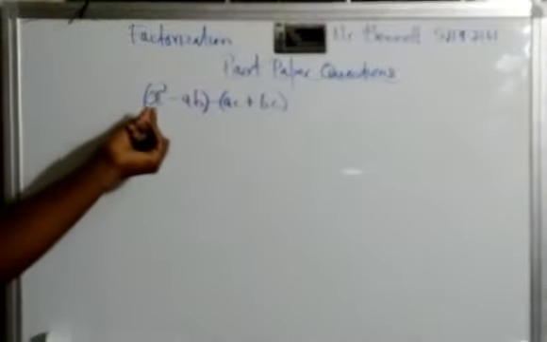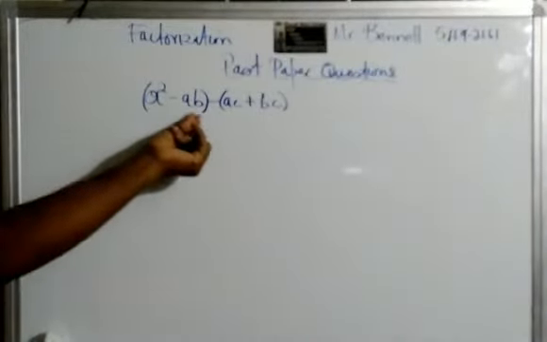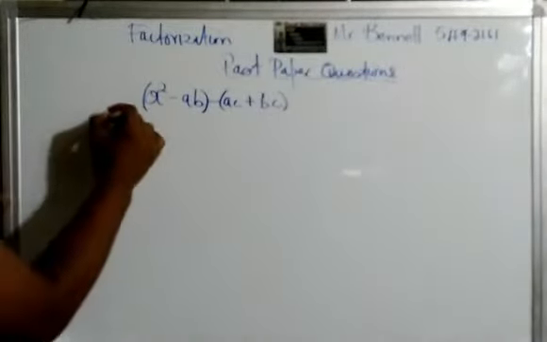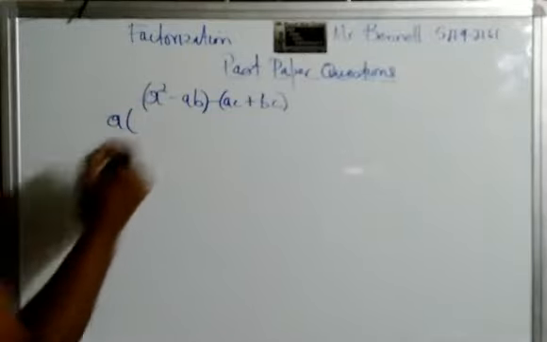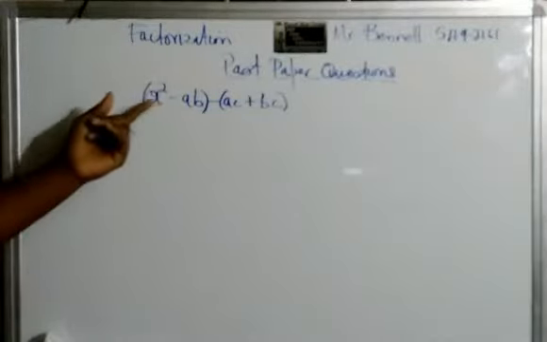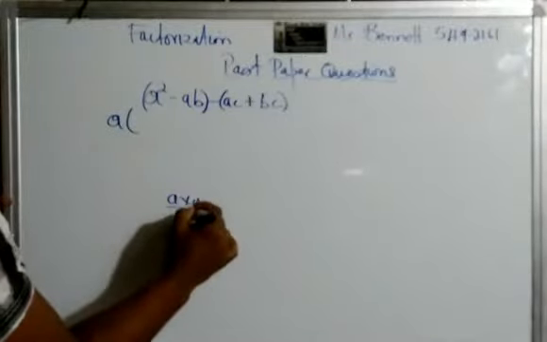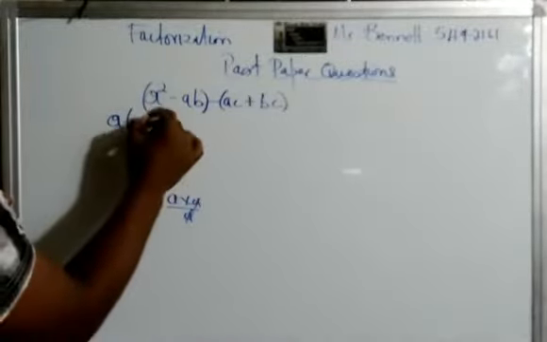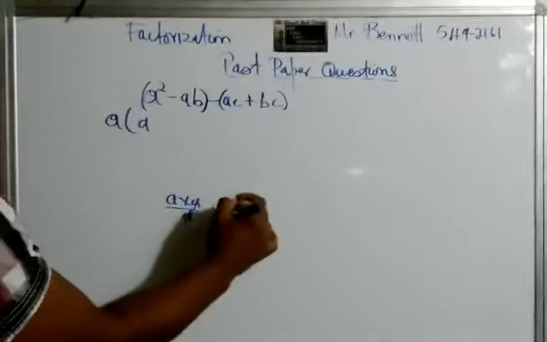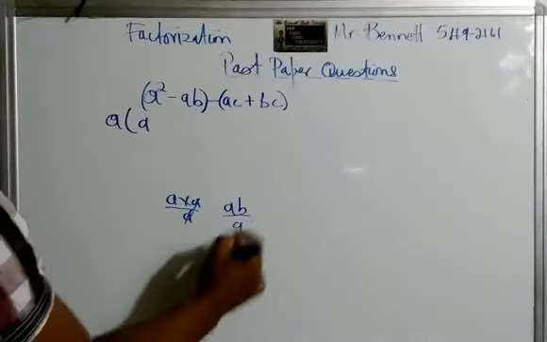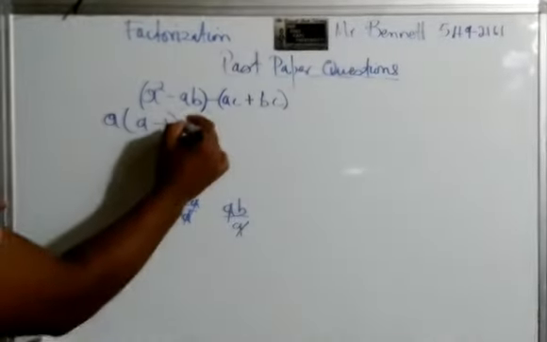Now we're going to look and see what is common between both, and it is the A. A into A squared leaves A. By now everyone should know, AB divided by A leaves B. So it should be minus B. Got the sign.